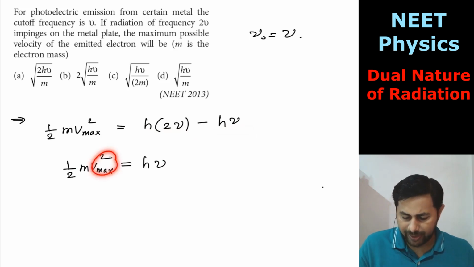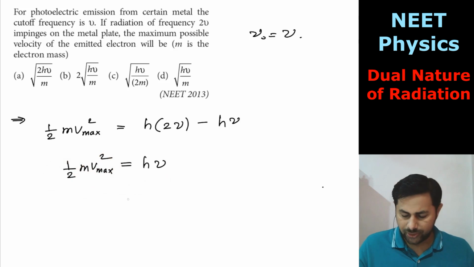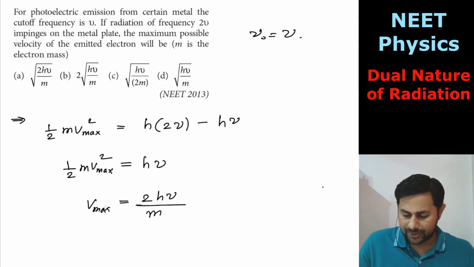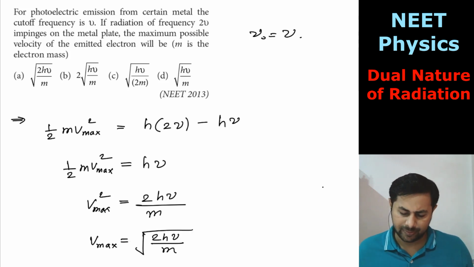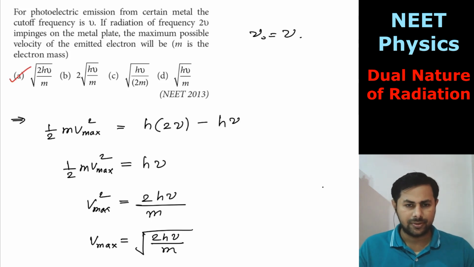You want V max, so take half m to the other side. 2 goes to the numerator, so 2 h nu divided by m is V max square. Therefore V max is the square root of 2 h nu divided by m. So it is option A, right? This is simple.